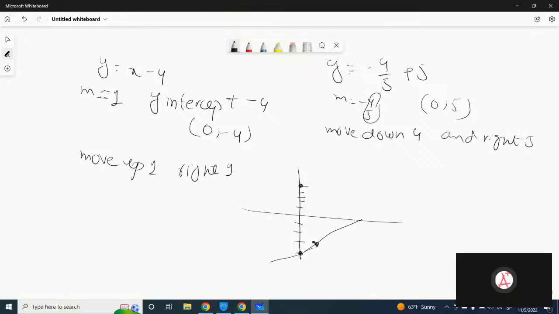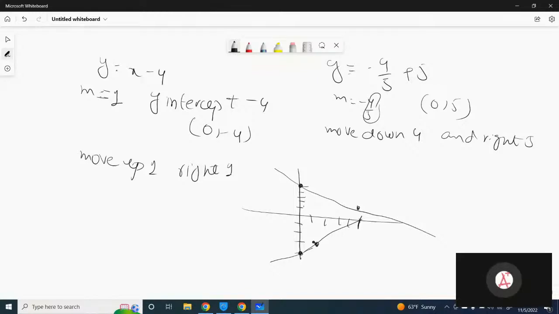So here is the first point. Now you have to move 4 points down and then 5 points right. Move 4 down: 1, 2, 3, 4. In front of 1, just move 5 right: 1, 2, 3, 4, 5. So on the 5 it is right. So here are the 2 points. Just connect these 2 points and make a line.